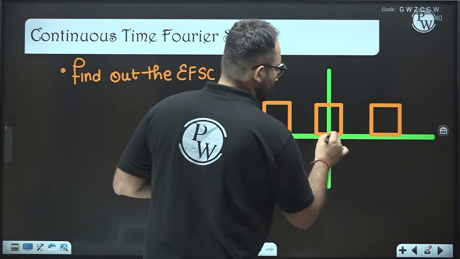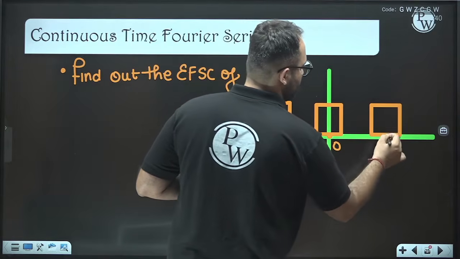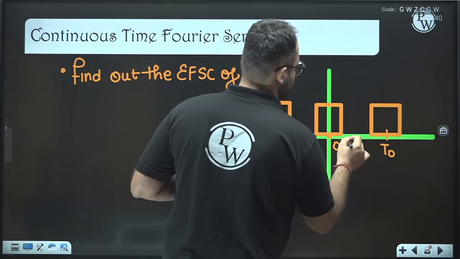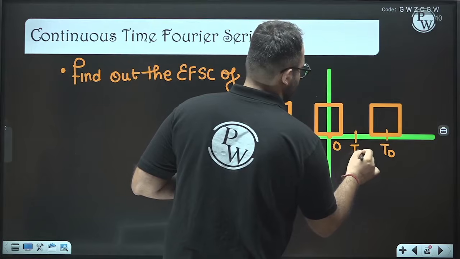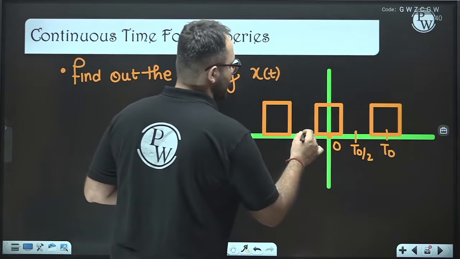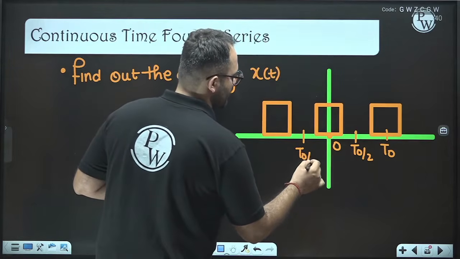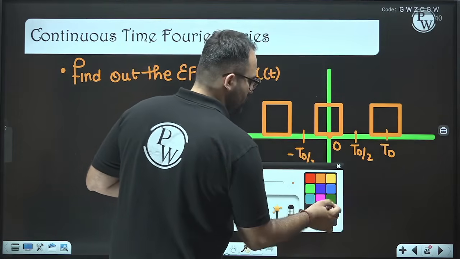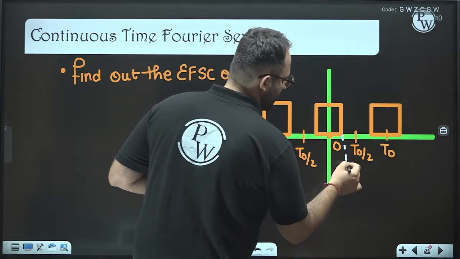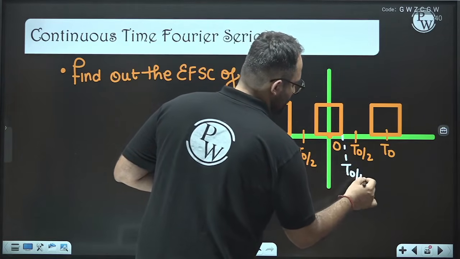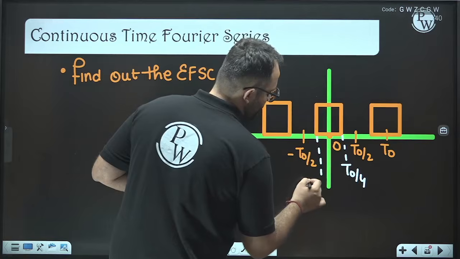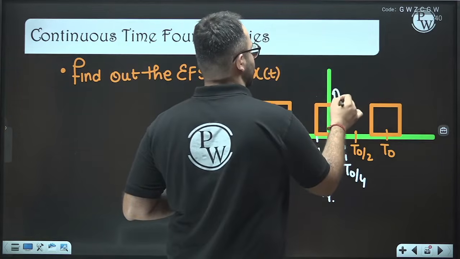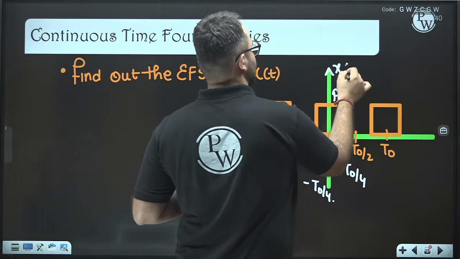Suppose this is 0, the center point; on the axis we mark T naught by 2, T naught by 4, and minus T naught by 4. The height is A. So this is the signal x(t).